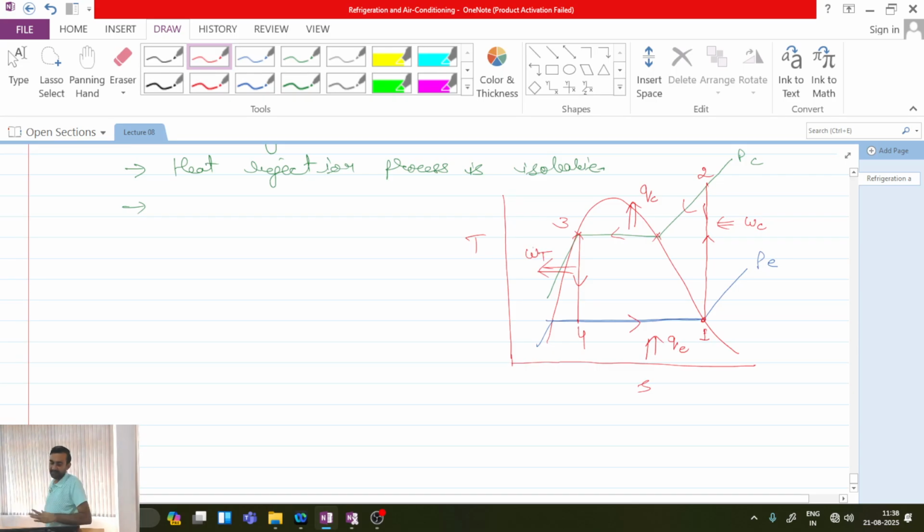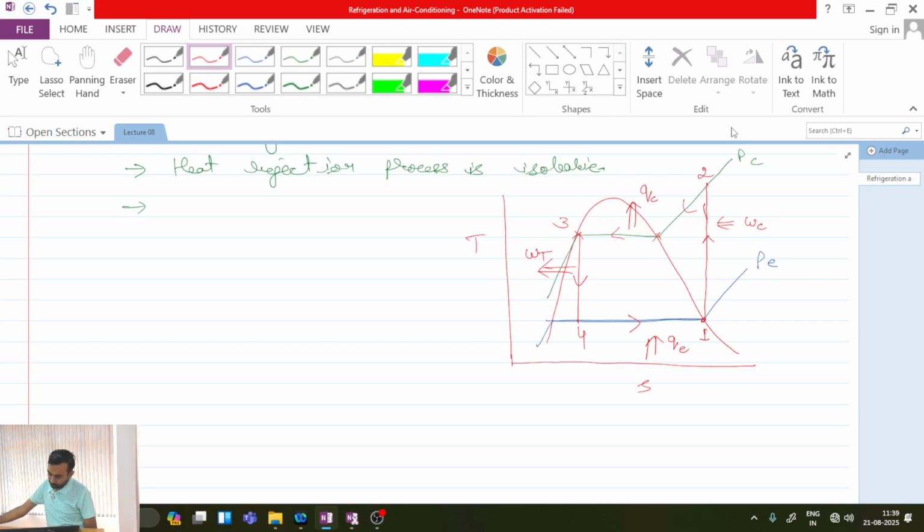So this cycle at present is a practical cycle. And if you recall the Rankine cycle, okay, so cycle is same, only the direction is changed. Direction is reversed. Okay. So this is the reverse Rankine cycle.